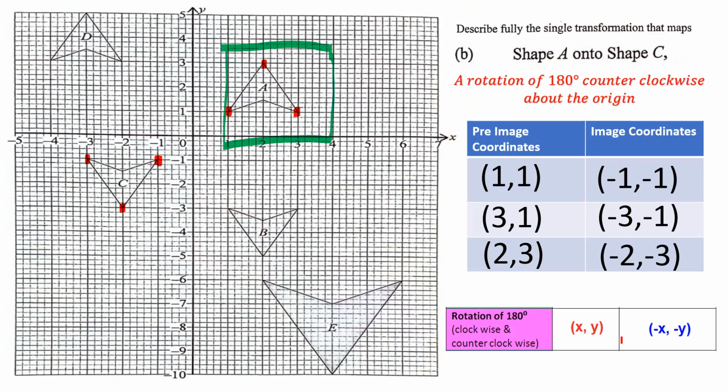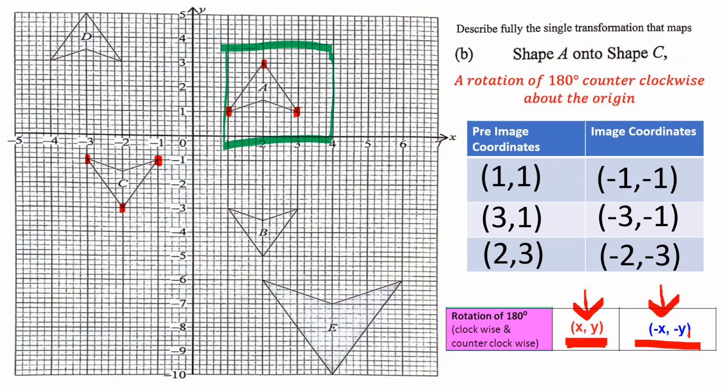This is the formula: a rotation of 180 degrees about the origin takes the coordinates of your pre-image and negates them. So that's how we know we're dealing with a rotation of 180 degrees about the origin. We have (-x, -y).